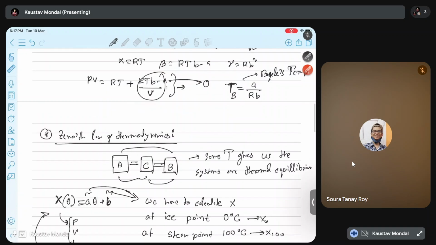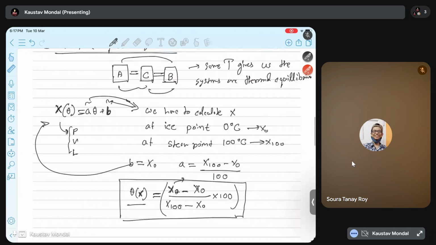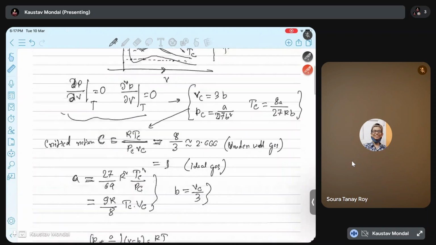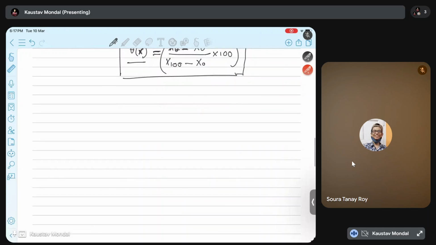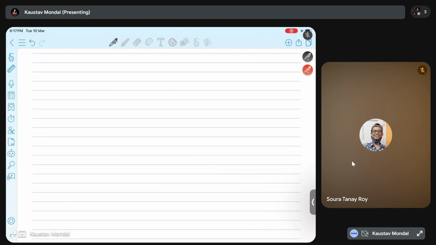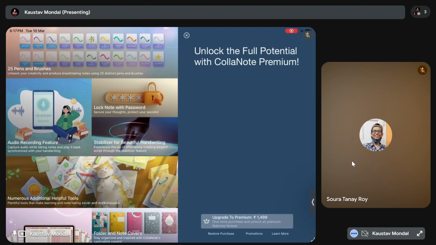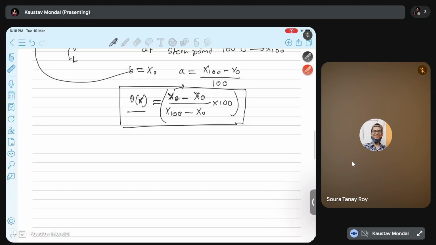Okay, so these are some of the things that I discussed in the last class. Now in today's class, we'll mostly discuss the properties of thermodynamics and how these macroscopic properties are related with each other for different cases. We'll also discuss some of the standard names or terms that we use in thermodynamics.